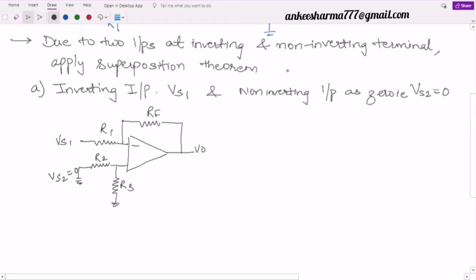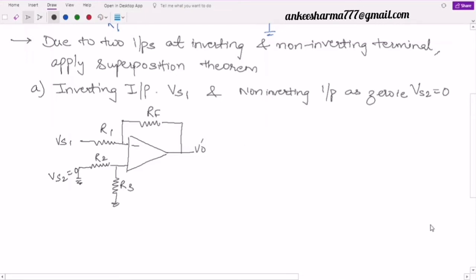Now, how will I calculate my output V0? I will name this output as V0 dash. Why is it V0 dash? Because I am only considering my inverting input and the non-inverting input is considered 0. Now V0 dash, in this case, I will write it down so that it will be easy for you.